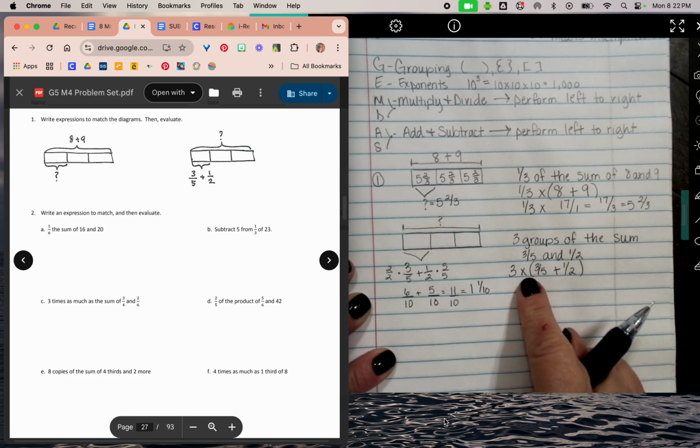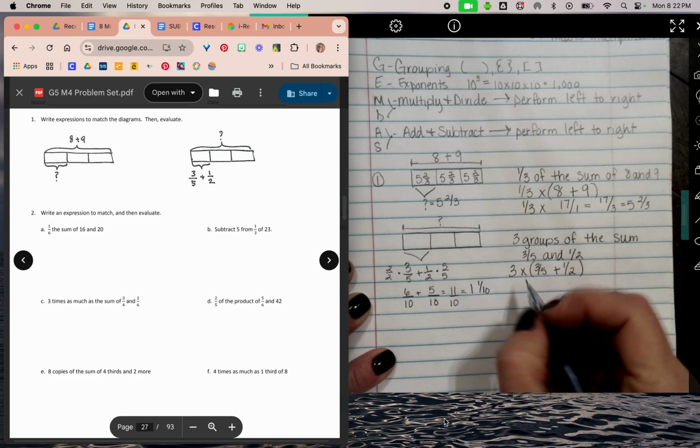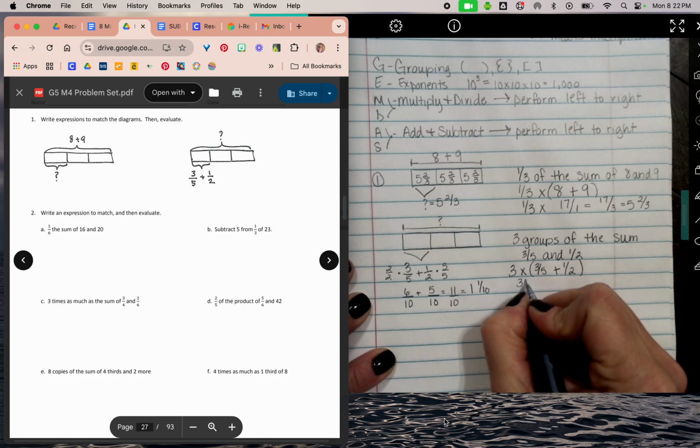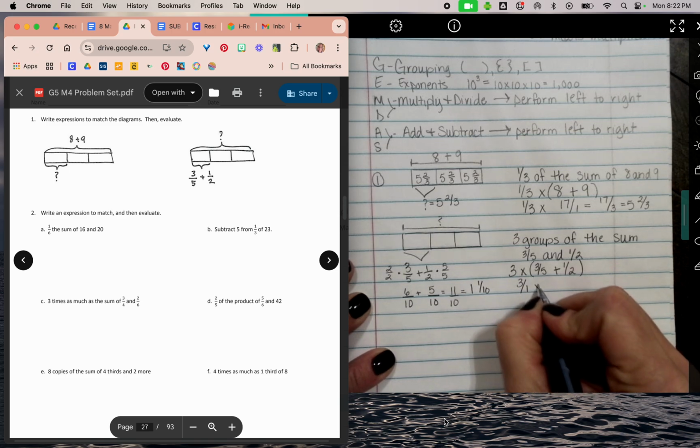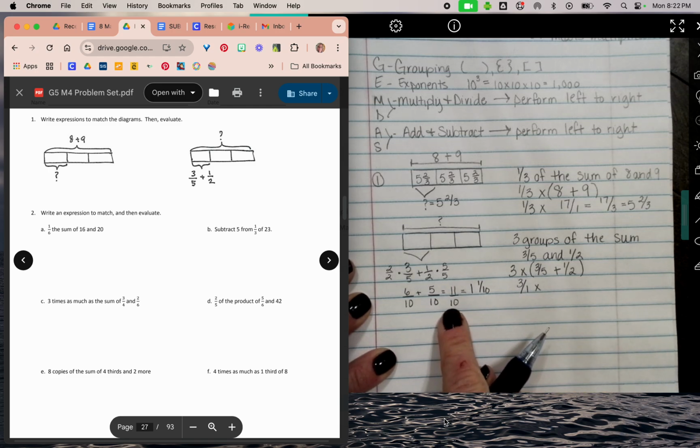Now, I'm going to come over and use that information inside my parentheses here. Since I'm going to multiply it by the whole number 3, I'm going to go ahead and put that 3 over the denominator of 1. And I'm going to use my improper fraction because it's easier to multiply this improper fraction than it is to multiply this mixed number.